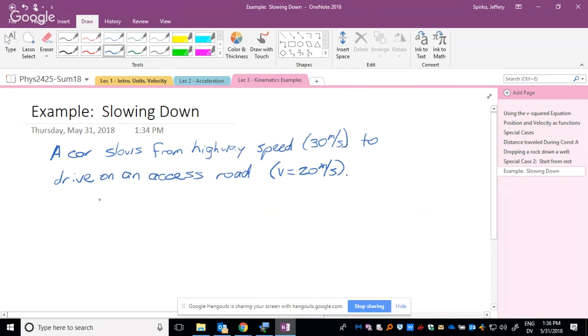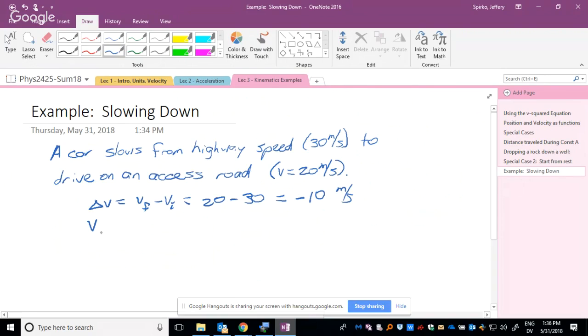So this process of slowing, we can definitely say delta V is V final minus V initial, which is 20 minus 30, is negative 10 meters per second.